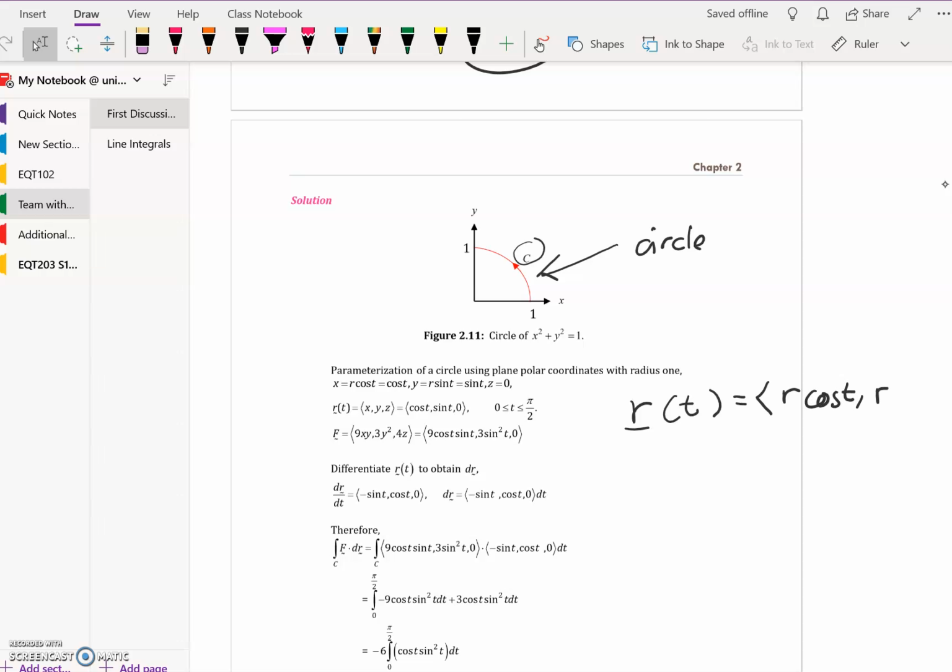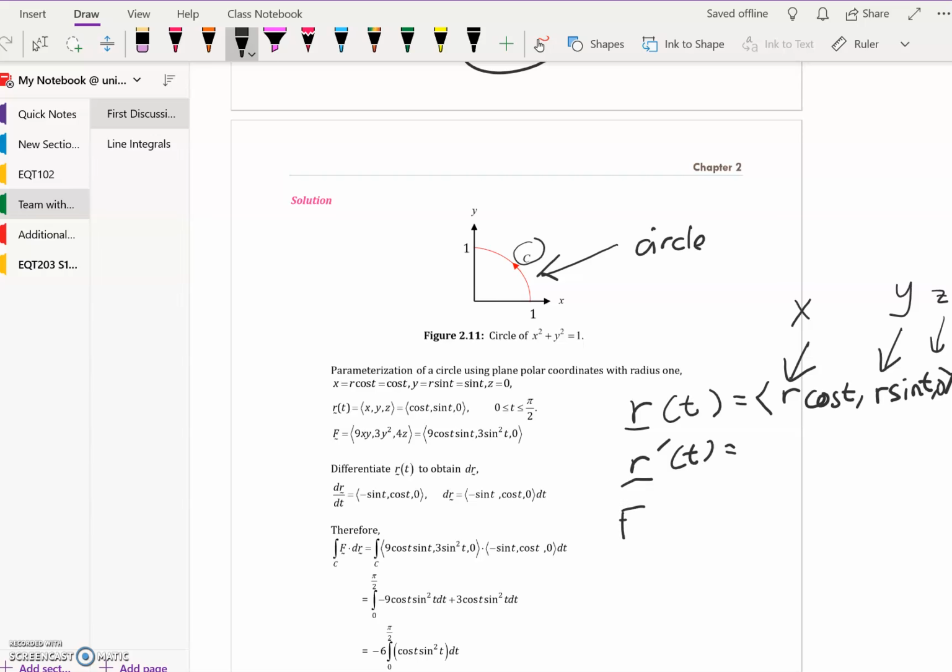What is your y? r sin t. And what is your z? No height, so z equals 0. So this is your r(t). Find the first derivative of r(t) because we want to substitute into the formula of the line integral. So this is your x, this is your y, and this is your z.